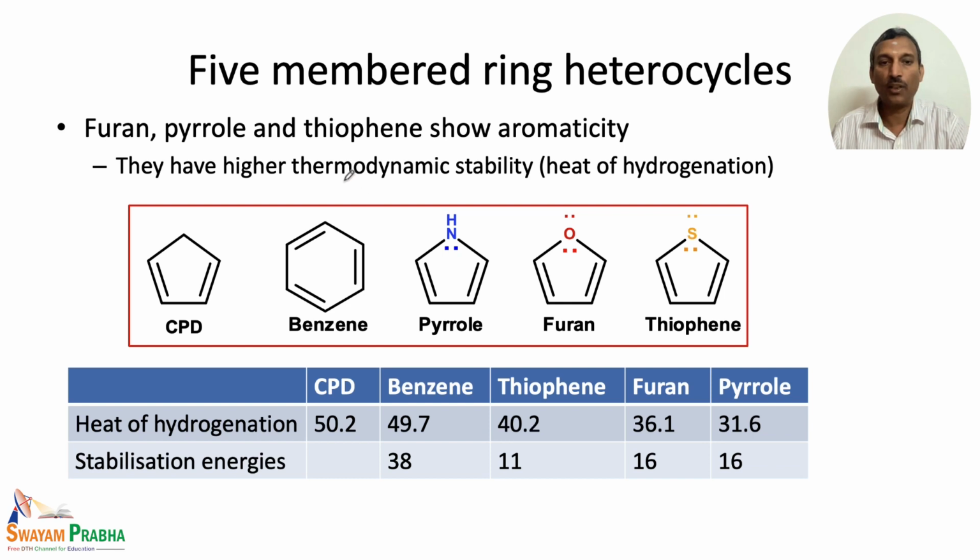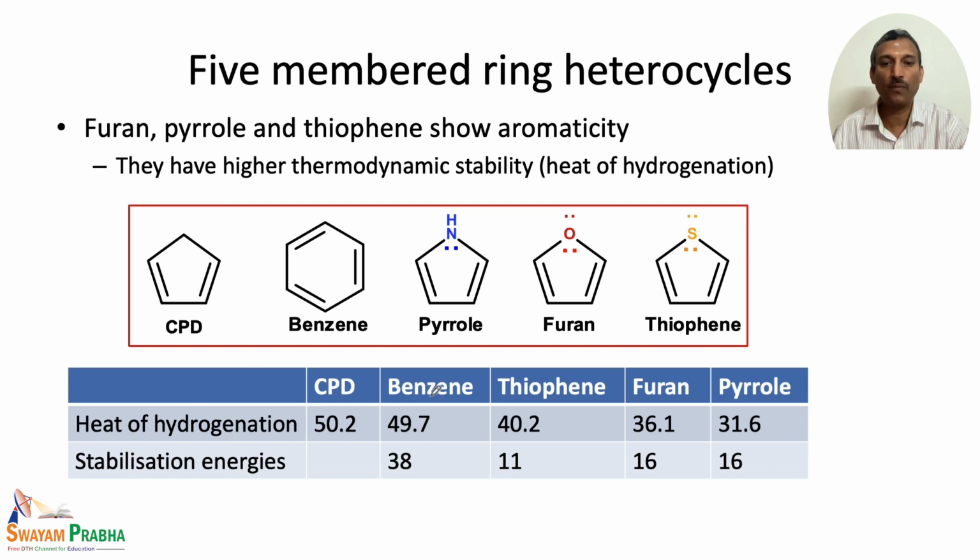The next one is the thermodynamic stability of these compounds. From the heat of hydrogenation, we can say that these compounds have thermodynamic stability which is close enough to benzene, and they also have stabilization energies.